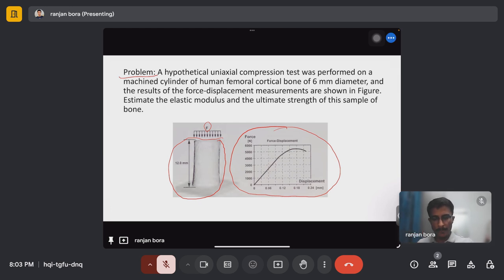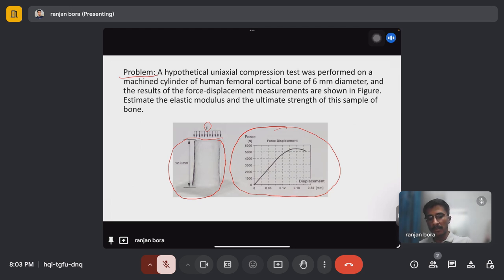So how can we solve this problem? We are given the force displacement diagram, and using this we can generate the stress and strain diagram.